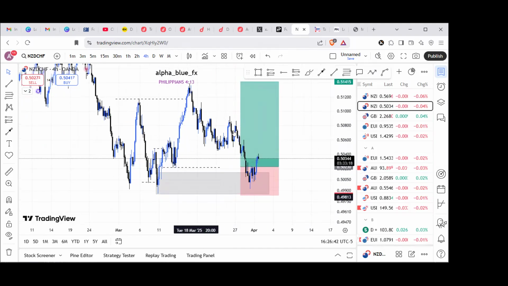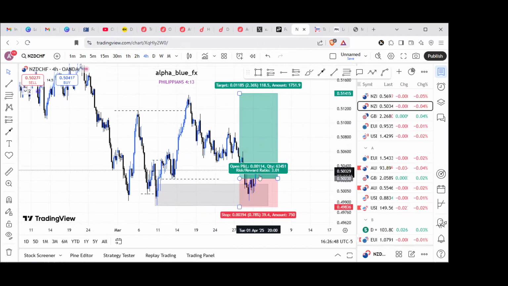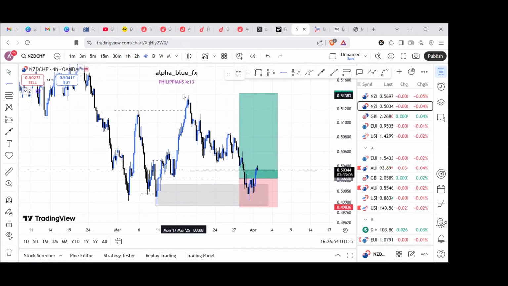So this is one example on NZDCHF, and as you can see, it is already playing out. I expect to see that price continues to push to the upside to take out this area as my TP. If this trade wins, fine, good result.